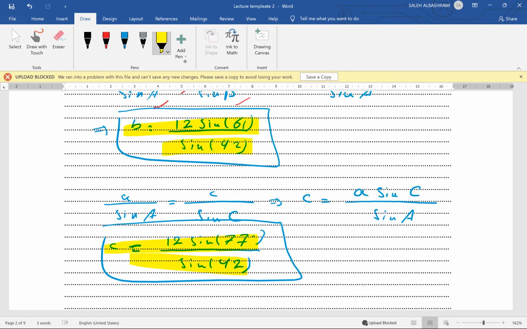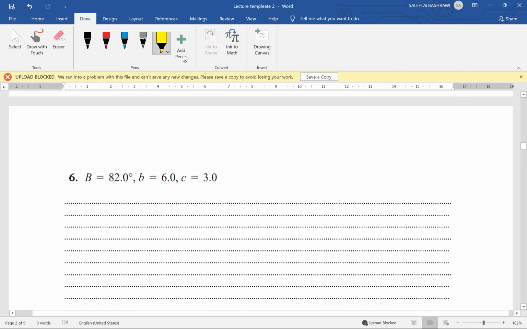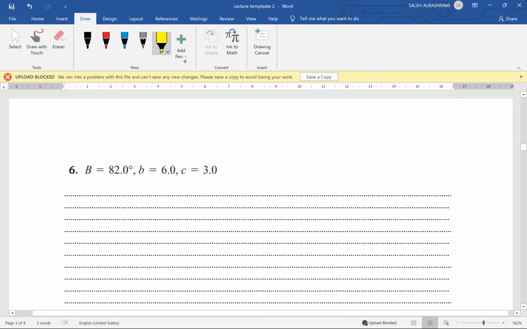Let's have another one. Suppose that we are given that angle capital B equal to 82, small b is 6, and small c is equal to 3.